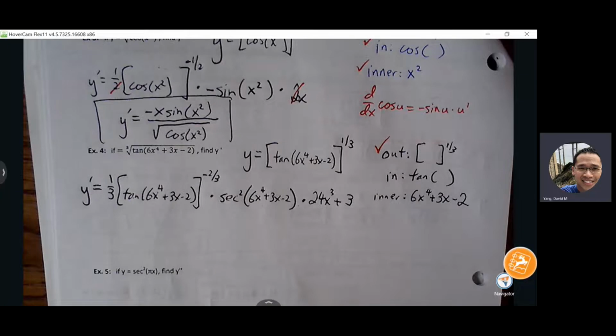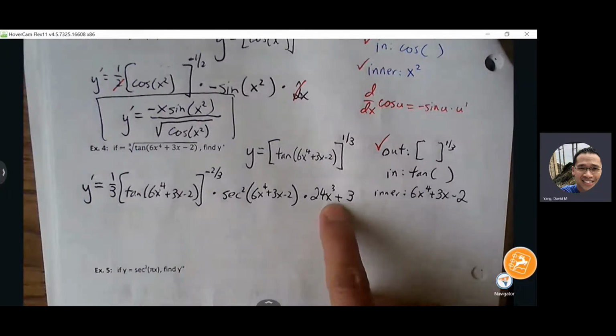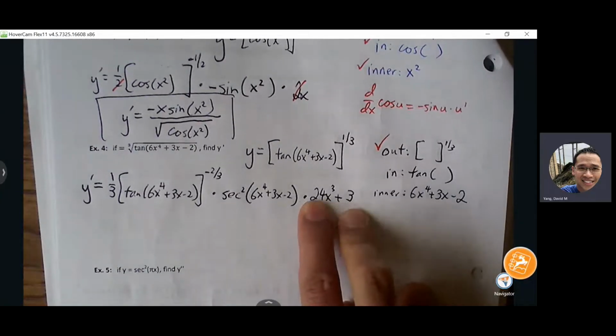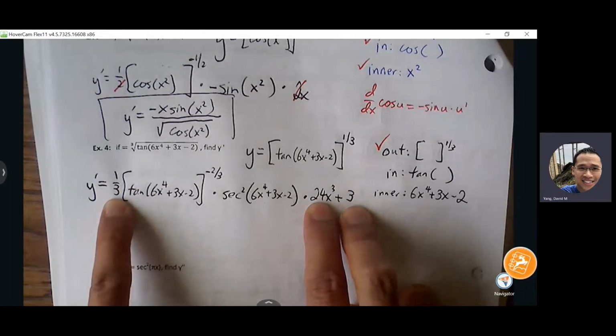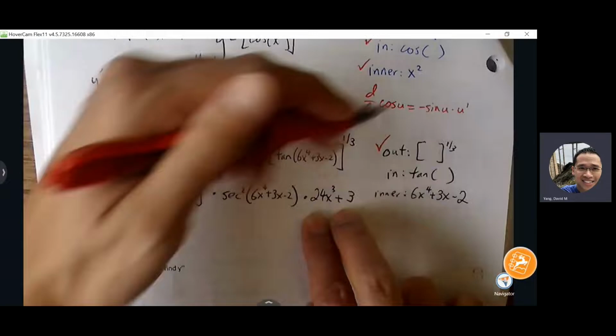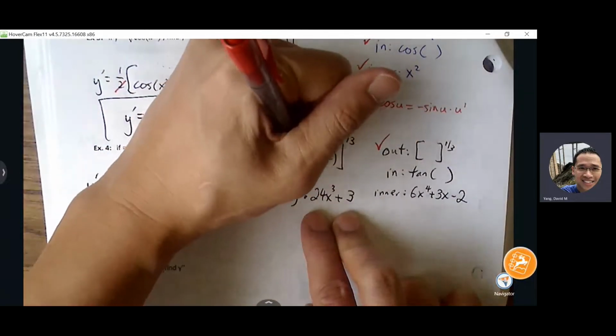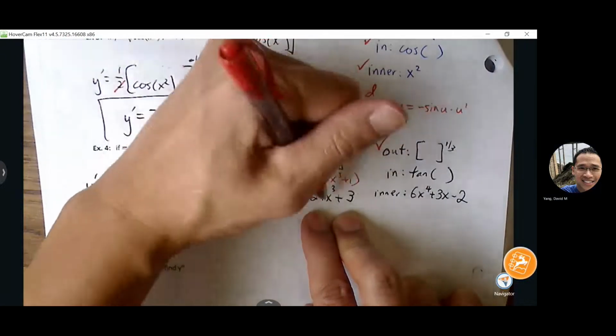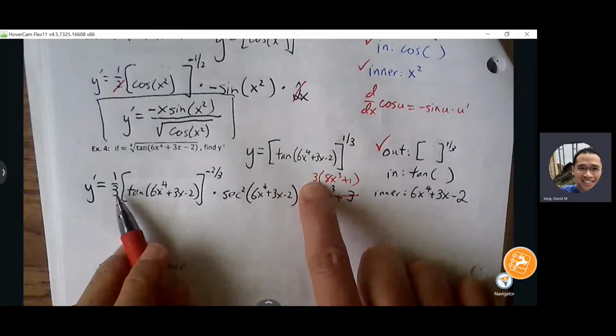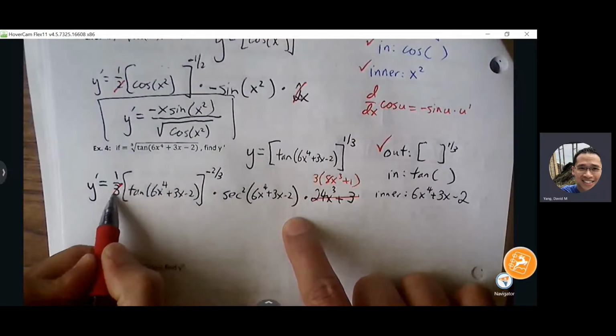Okay, that's a messy derivative. I'm going to see if I can clean this up a little bit here. I can think of this as a GCF I can factor out of 3, and then that 3 can match with that 3. So if I think of 24x cubed plus 3 as 3 factored out being 8x cubed plus 1, then I can remove the 3 in the numerator and denominator.